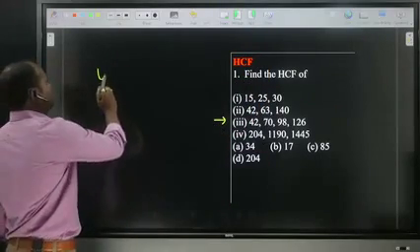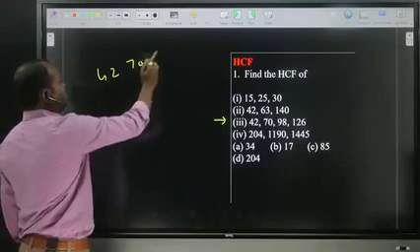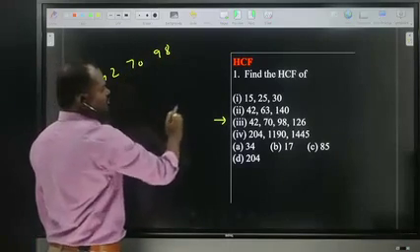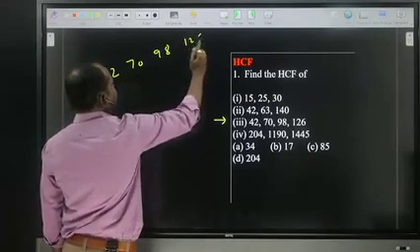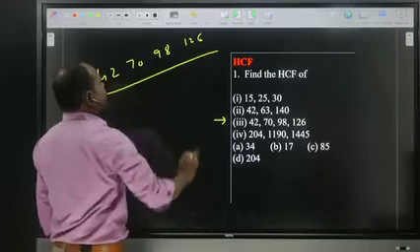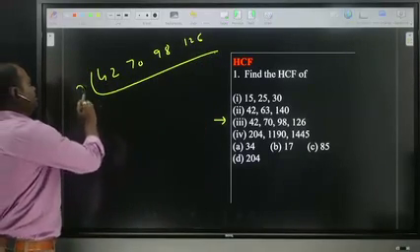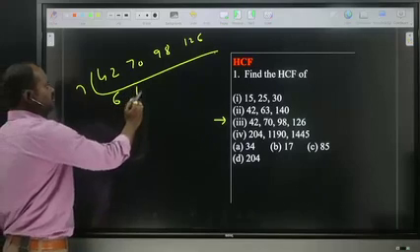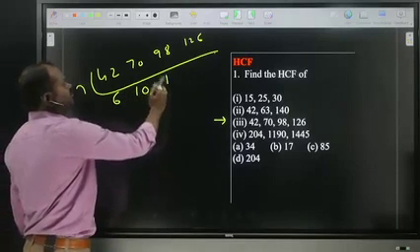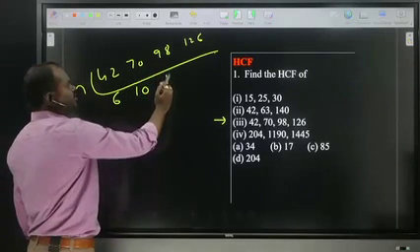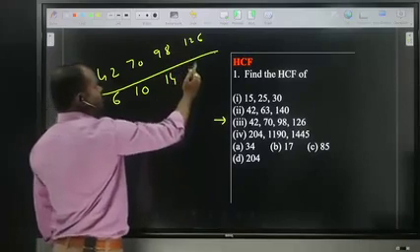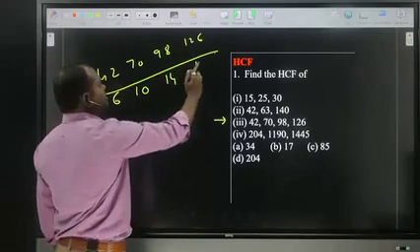42, 70, 98, 126. By looking at all this, ma, you will get in which table, ma? 7 table. 7 sixes, 42, 7 tens, 70, 7 fourteens, 98, 7 eighteens, 126.